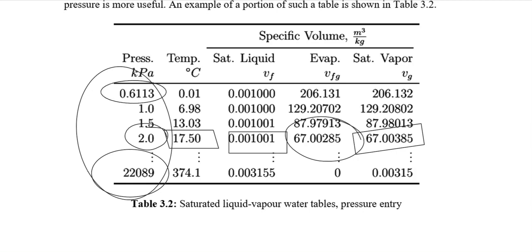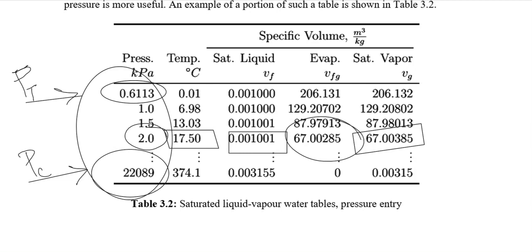The table's initial pressure is 0.613 kilopascal, and the final pressure is 22.89 megapascal. Just checking, this was our temperature at the triple point, and this was our pressure at the triple point, and this was our pressure at the critical point.